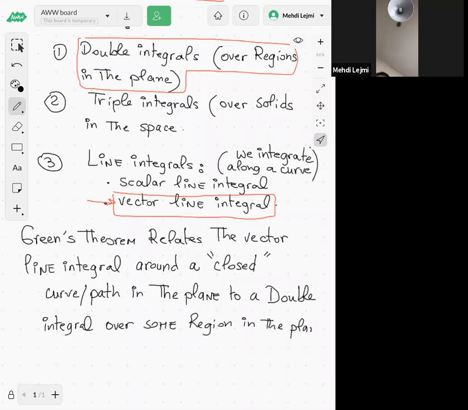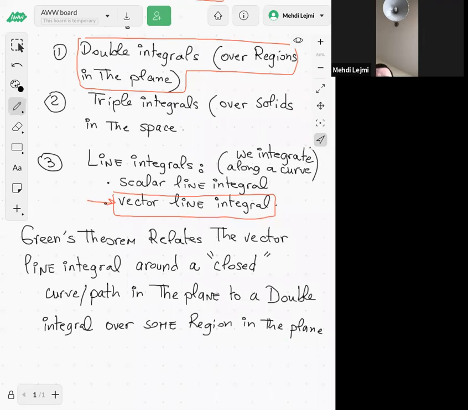So again, the idea behind Green's theorem is that it gives a connection between vector line integrals along curves in the plane and double integrals over some regions.